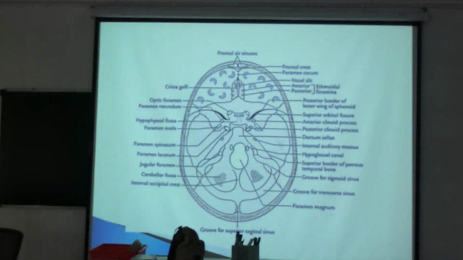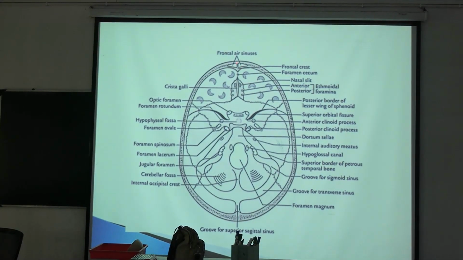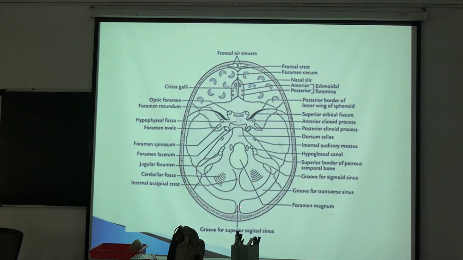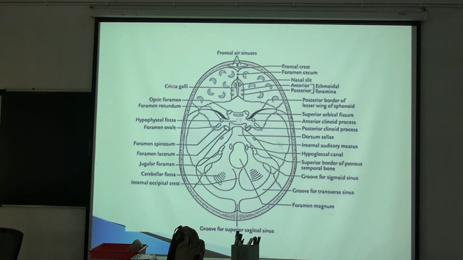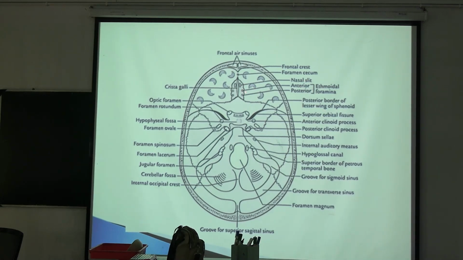Now, this is the frontal air sinus. This is the groove for the superior sagittal sinus. Now, this is the foramen magnum. Now, see crista galli. Now, these are the ethmoidal foramina, anterior and posterior, and this is the nasal slit.